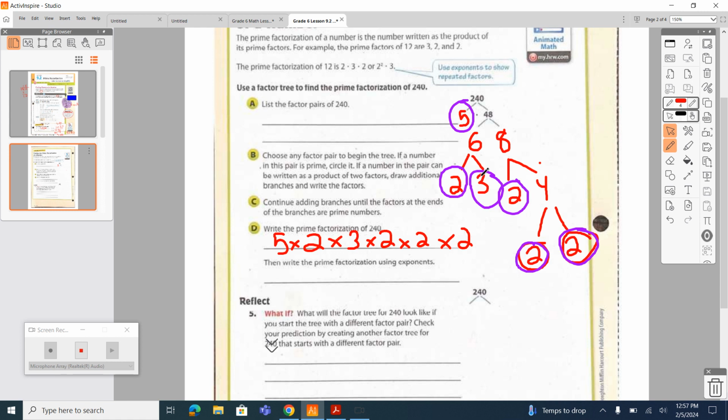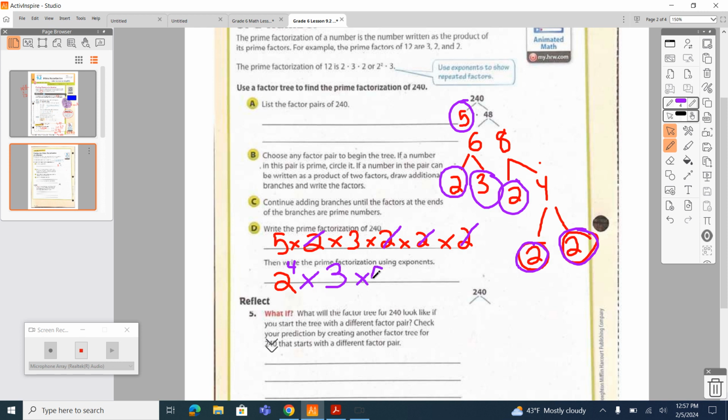Then write the prime factorization using exponents. So when you're doing this, you want to start with your smallest base first. So I have 2 to the, let's count how many 2's I have. 1, 2, 3, 4. So I have 2 to the 4th power. I only had 1 3, and I only had 1 5.